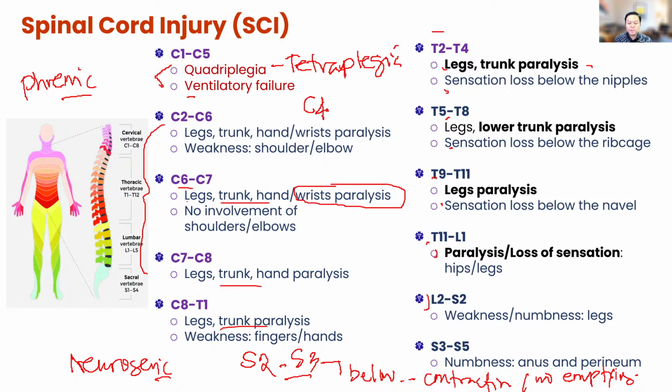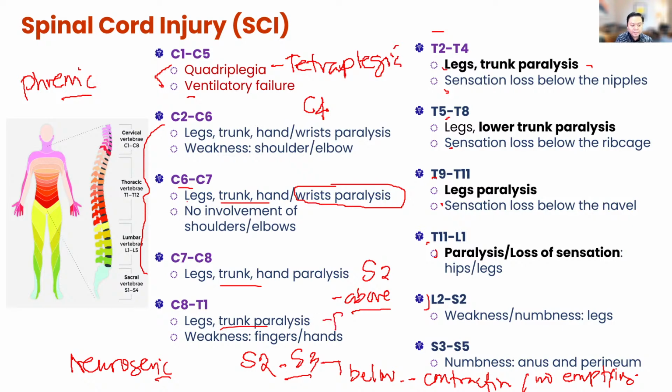Now, if you're going to be asked about the sexual function of the person, especially if the injury is above sacral 2, and if the NCLEX asks about sexual function, well, the person here, especially the male, can still have some penile erections, but there's no ejaculation.